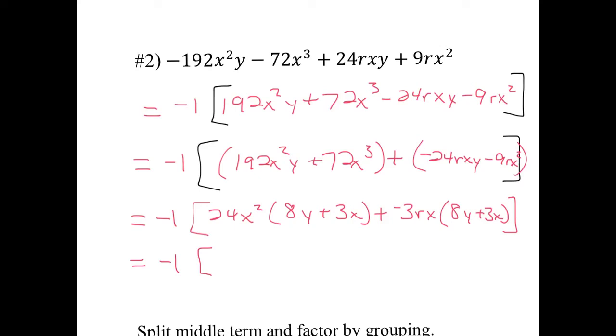My fault. GCF now is 8y plus 3x. And I could be using all parentheses now. I don't have to use brackets. And what's left is 24x squared plus a negative 3rx. Might be good that I made this mistake, because I can show you how to fix it.